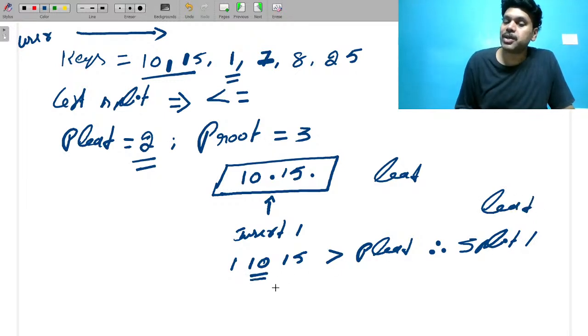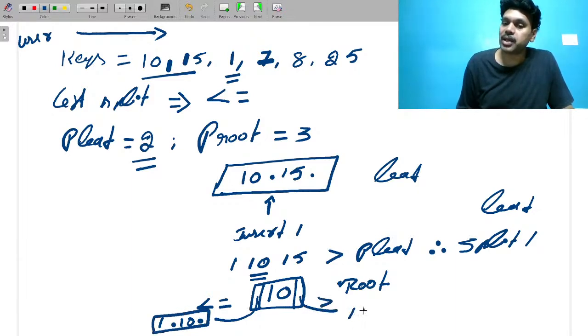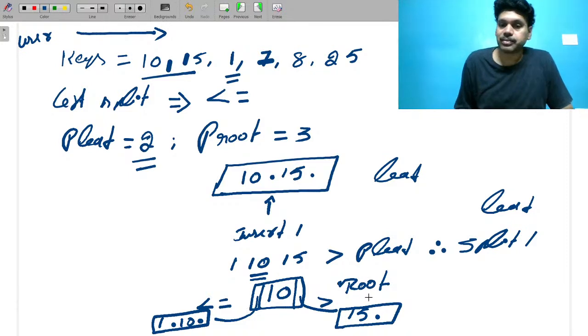The middle element goes up, that is 10. Now we are going to call it a root as it is a split. On the left hand side you have less than or equal to, which means 1 dot 10 dot. And on the right hand side you have greater than only, observe carefully, 15 dot. So I am doing left biasing now.